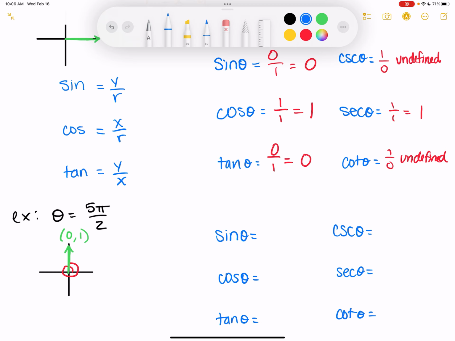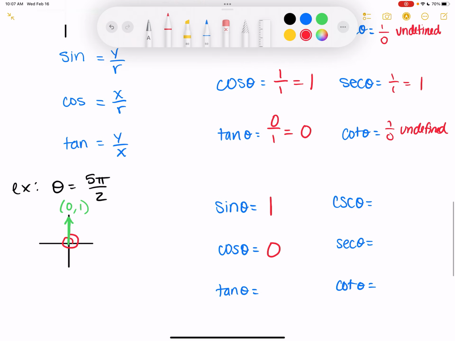What is sine of theta? Sine would be 1 over 1, so 1. Cosine would be 0 over 1, so it would be 0.